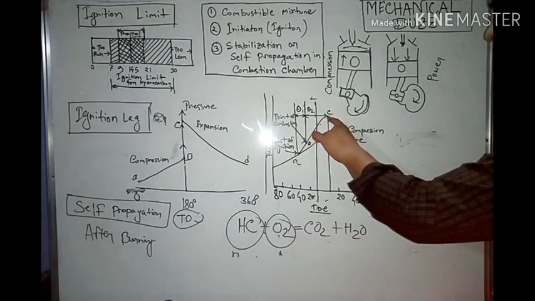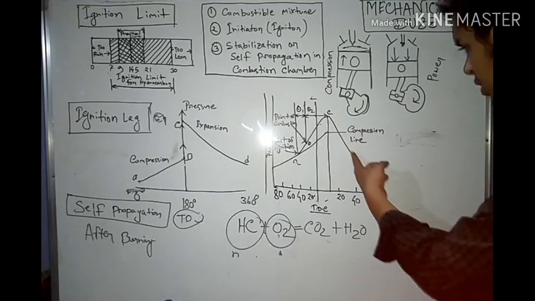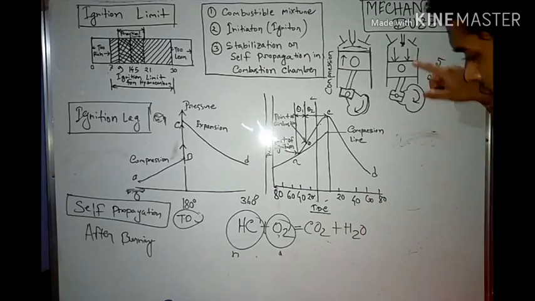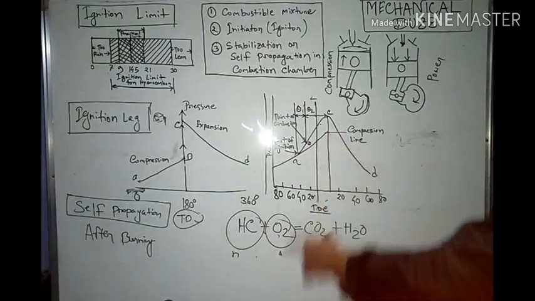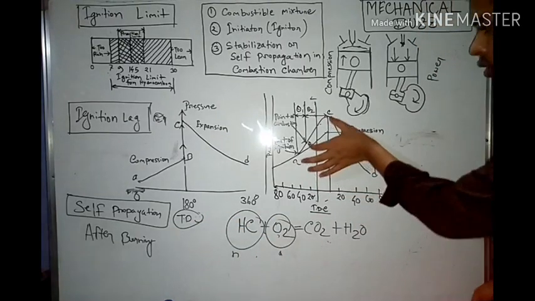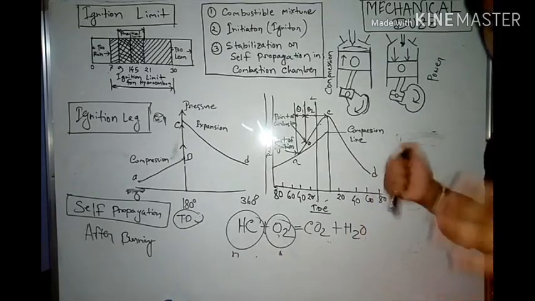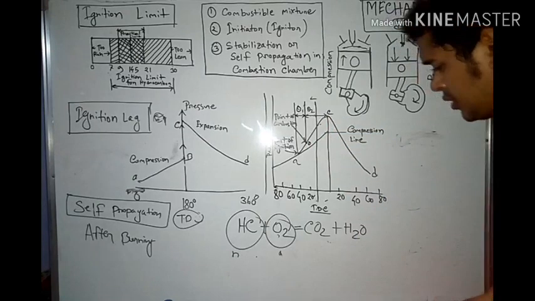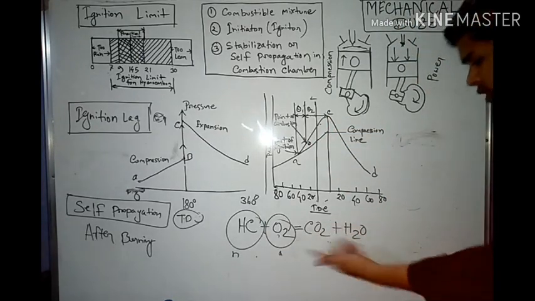And from point C, you see that the curve goes downward up to D, because this is the power stroke. The last one, C to D, is called the afterburning. So what is afterburning? From here to here, if your air-fuel ratio is good enough, then complete combustion happens and it will produce some compounds.